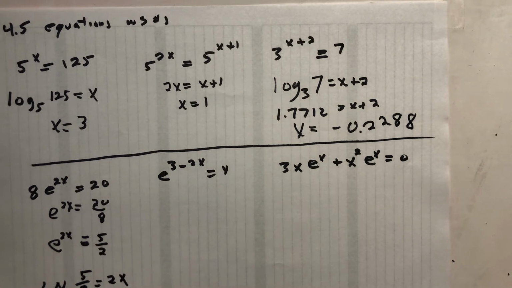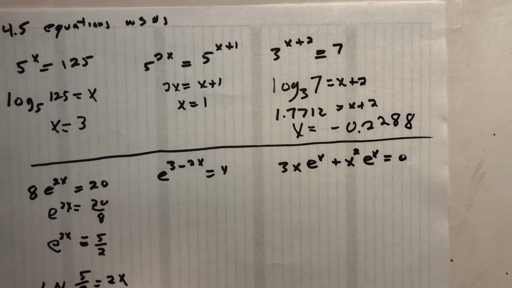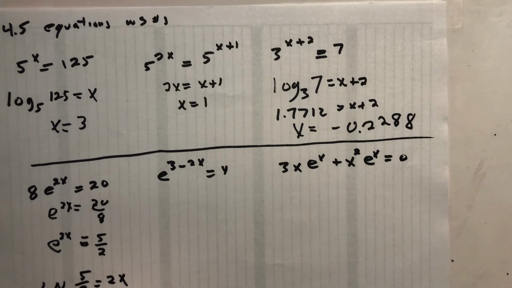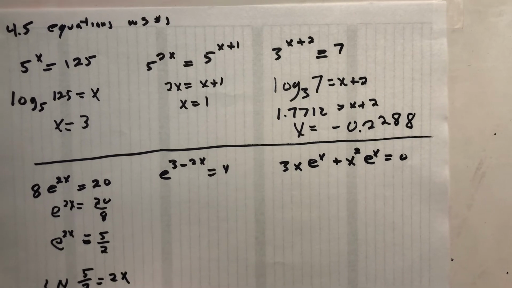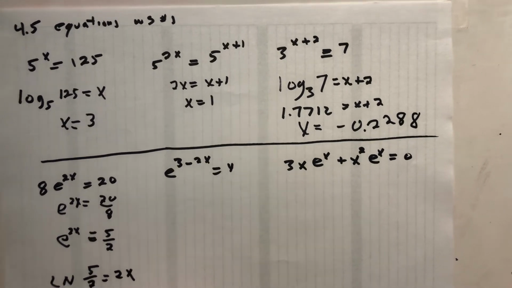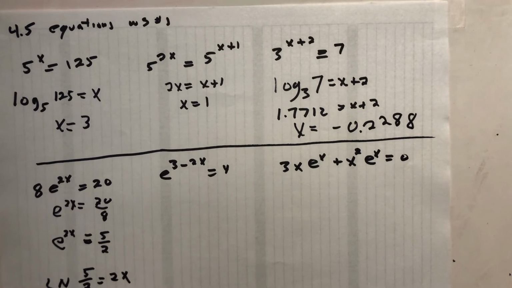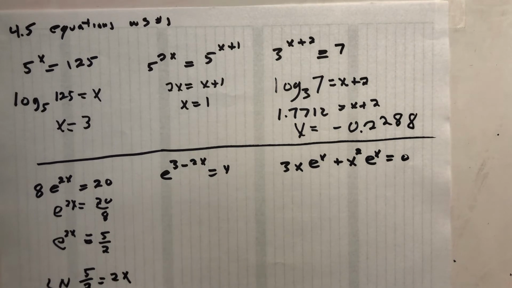Now, before I actually do this on the calculator, I'm going to move the 2 over here. Equals 5 halves. I wrote that wrong. Let's just go and do it in the calculator. That'd be 0.9163. Equals 2x. And divide by 2. x equals 0.458.